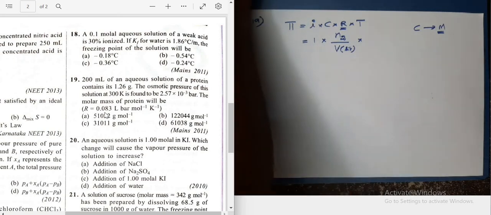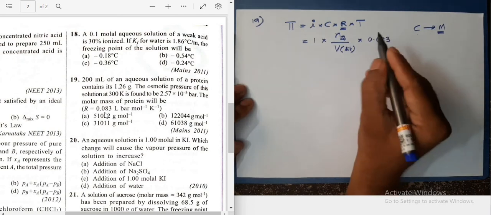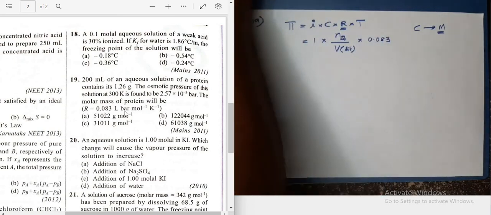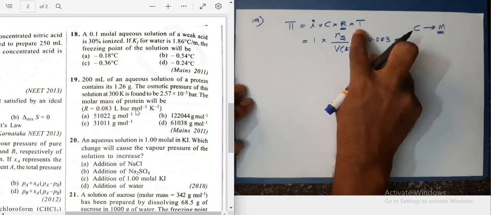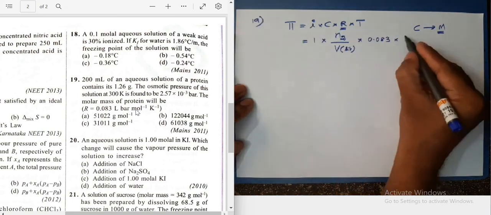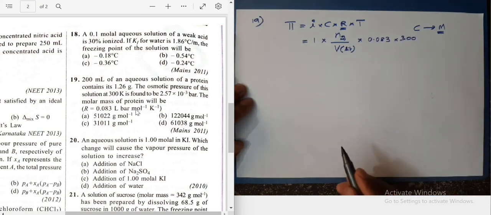See, it is given in the bracket. Gas constant is given in bar units, liter bar per mole, so you can use it directly. Temperature is given, 300 Kelvin.